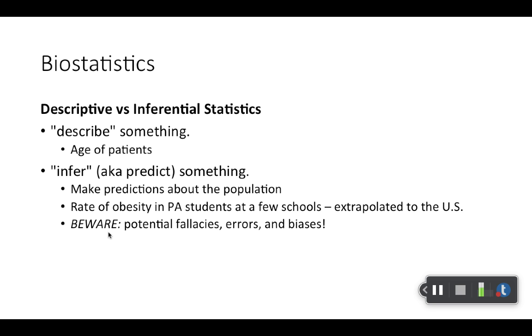So I'll make a prediction about the class based on my biases, etc. When I'm writing an exam, I'm making predictions, and I'm usually wrong. It happens a lot. But this is where, for example, the rate of obesity in students, or for PA students, at a few schools will be extrapolated to the U.S. They'll only do a survey, let's say, at 3 of the PA schools on the West Coast of the United States, and then they'll make a prediction and an inference.